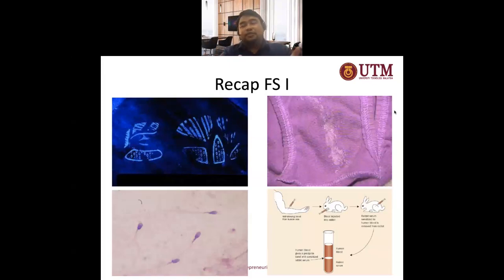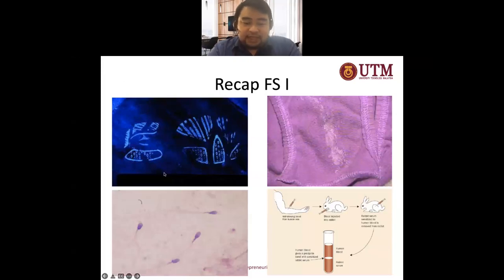So previously in forensic serology part 1, we looked at the constituents of blood, and how we determine, when we arrive at the crime scene, whether it is blood or just a red liquid. That is how we do the luminol test for blood.